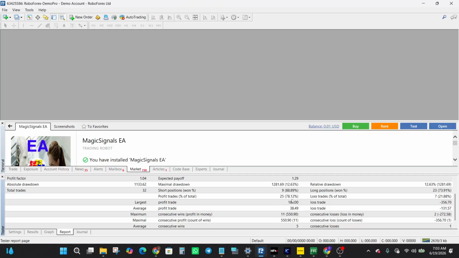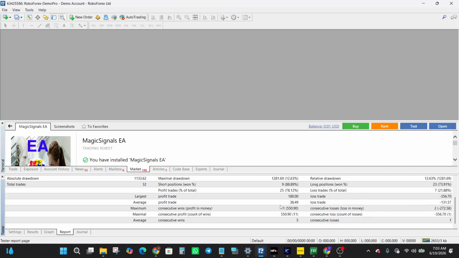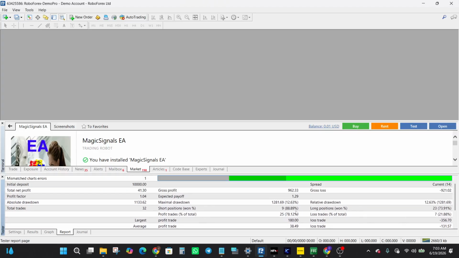So that gives us a 78.12% win rate. Largest profit was $180, largest loss $356.7, average profit $38.49, average loss $131.57. So this shows me that the average risk to reward ratio is bad. The EA has a good win rate, but a bad risk to reward ratio.